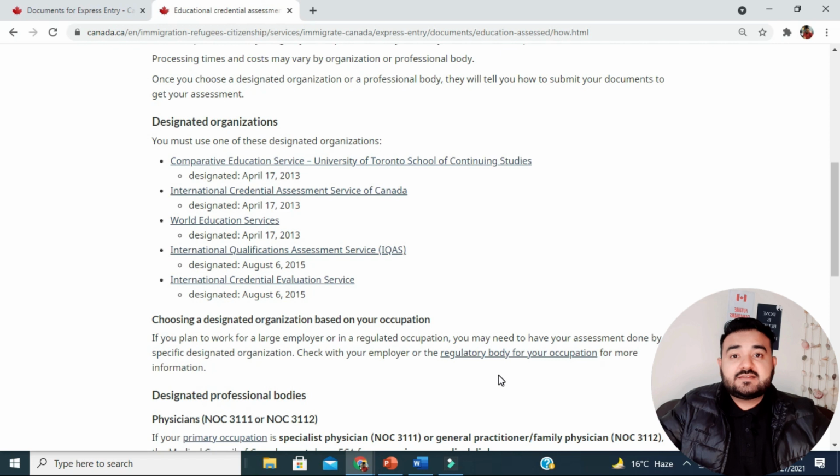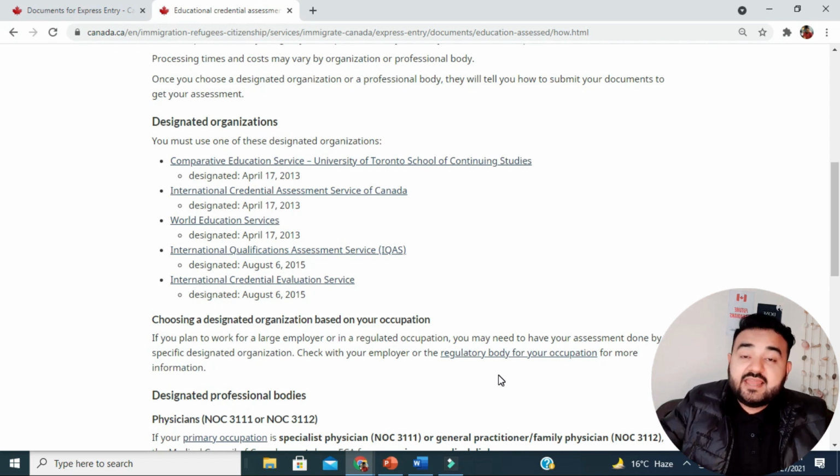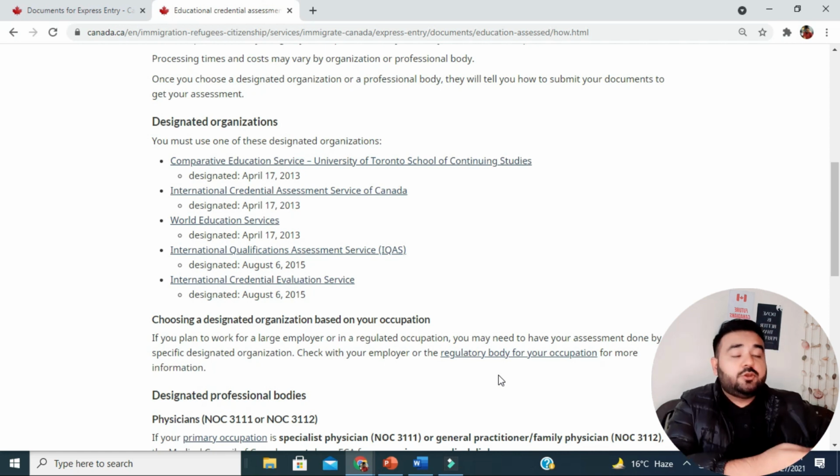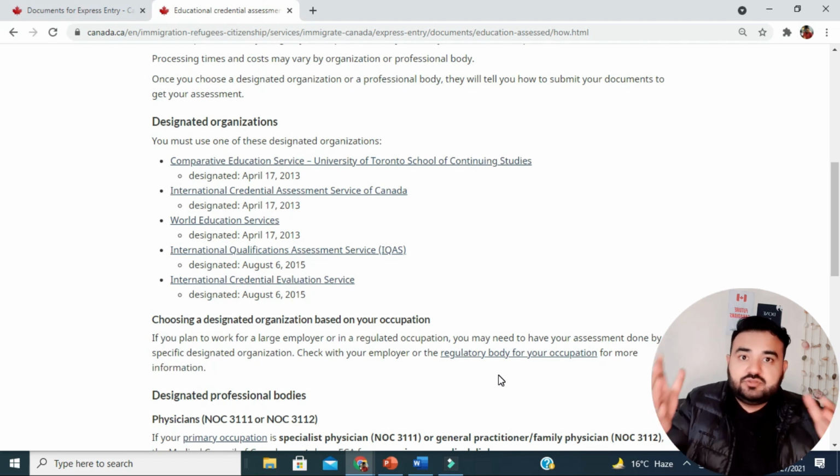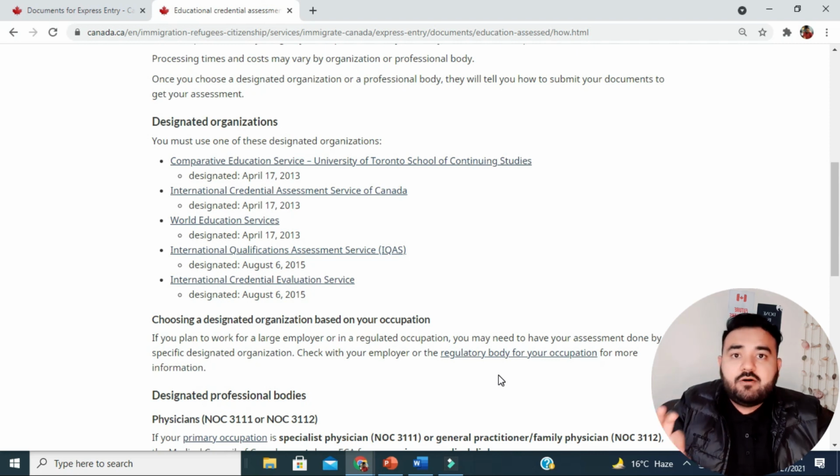If you're from Pakistan, then your ECA body might need a Higher Education Commission (HEC) sealed envelope. And if you're from India, then you might need to pay your university to send your transcript to the ECA body, and you will upload the degree on the ECA body portal. Okay, so these are requirements that all depend on your country of study.